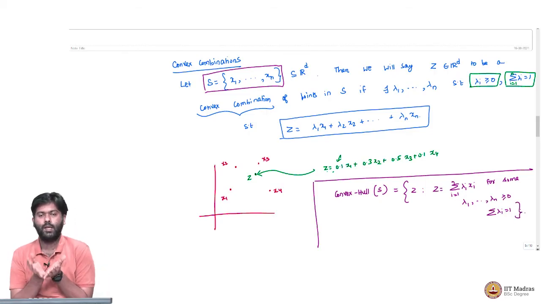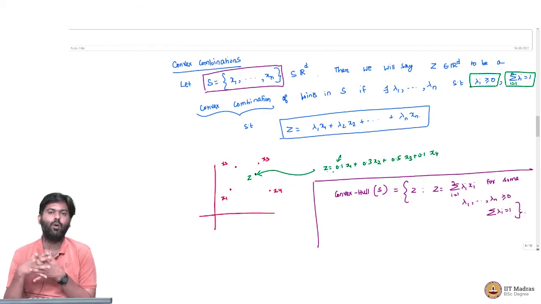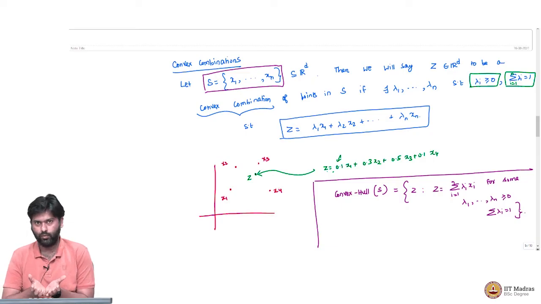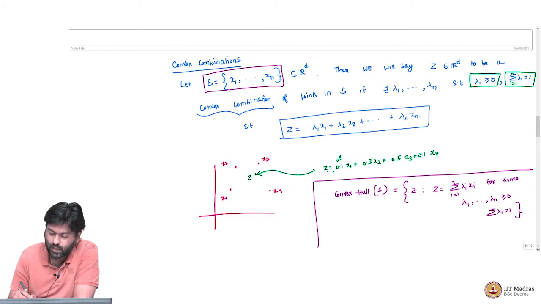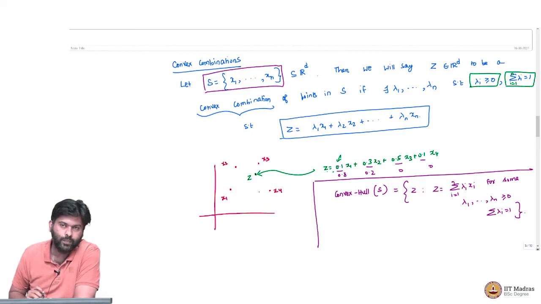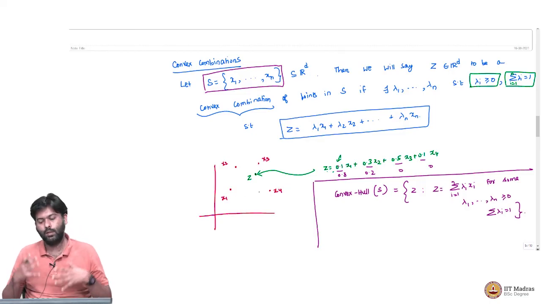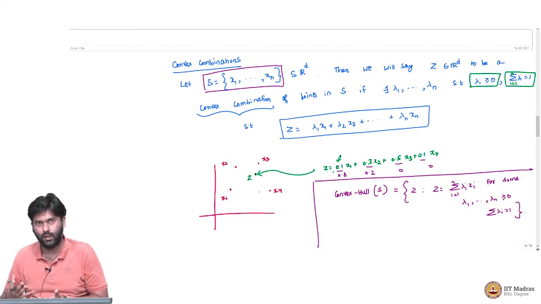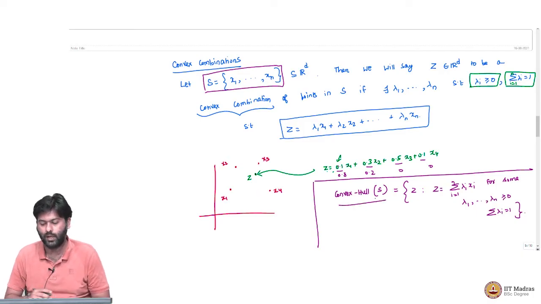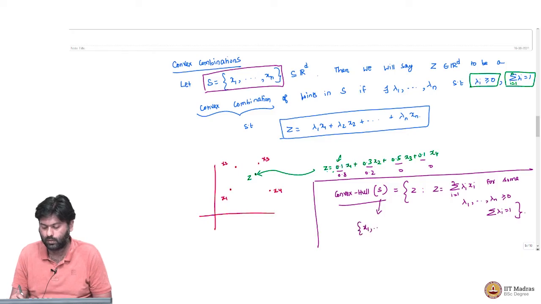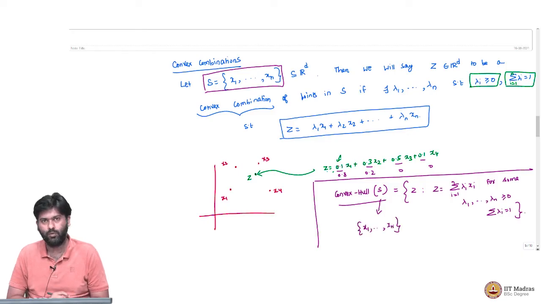Essentially, we are saying the convex hull of a set S is just the bunch of all points which can be got as convex combinations of the original set of points that you started off with, right. So, that is the definition. So, you can use any lambda. In this case, we used 0.1, 0.3, 0.5, 0.1 to get a point. Maybe you will use 0.8, 0.2, 0, 0 to get a different point, right. So, in the space, now I collect all such points and I call the set that I generate in that fashion the convex hull of the original set S. Here S itself is again x1 to xn, just a finite number of points.